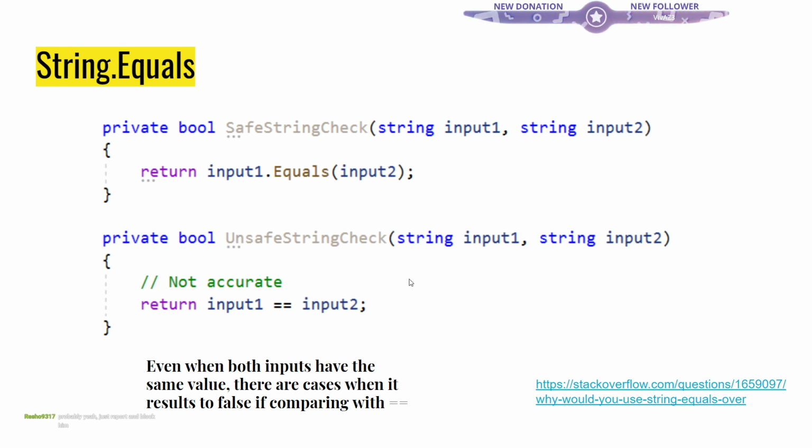If you just compare strings like this, there are some edge cases where you will eventually face a scenario where, imagine input 1 and input 2 have the same text, like a non-capital a, but input 1 and input 2 might not be equal if you compare them like this.